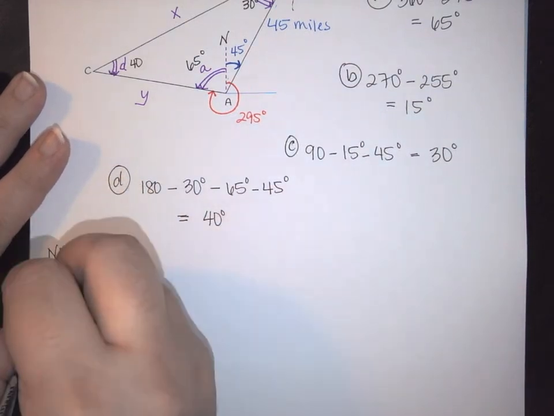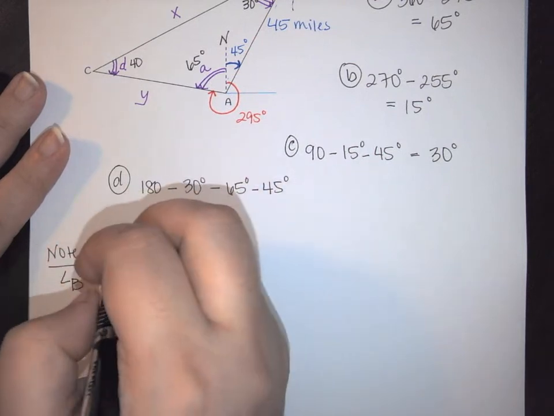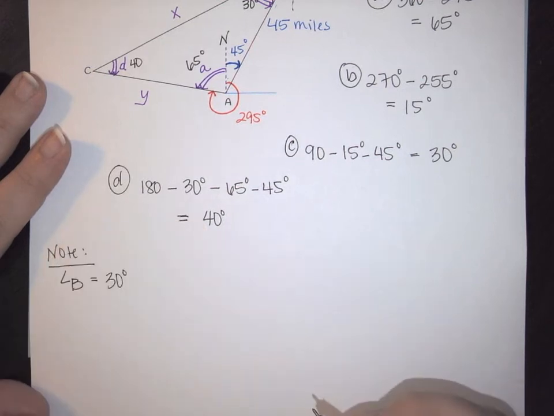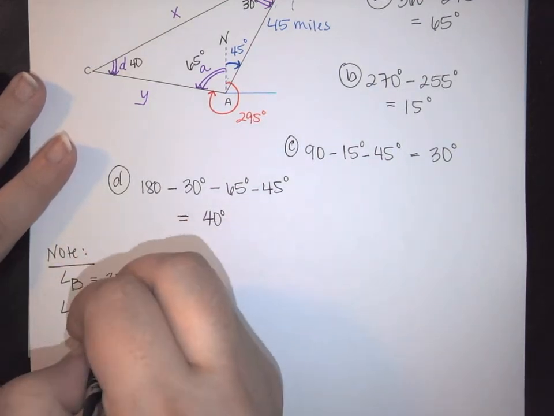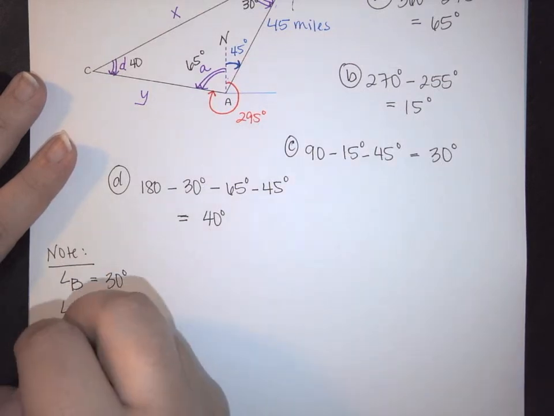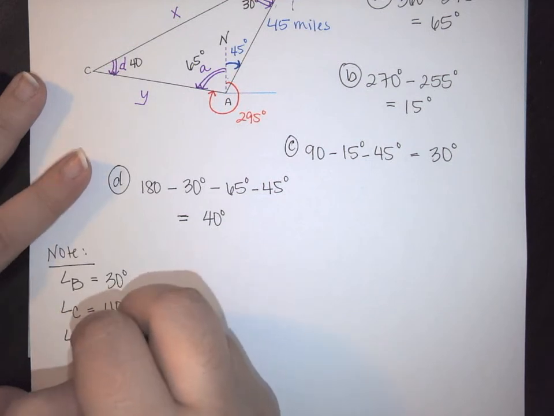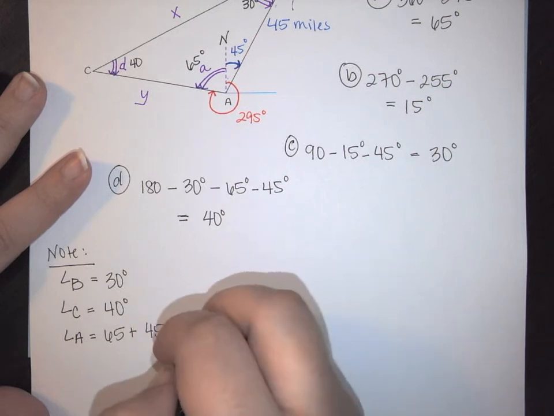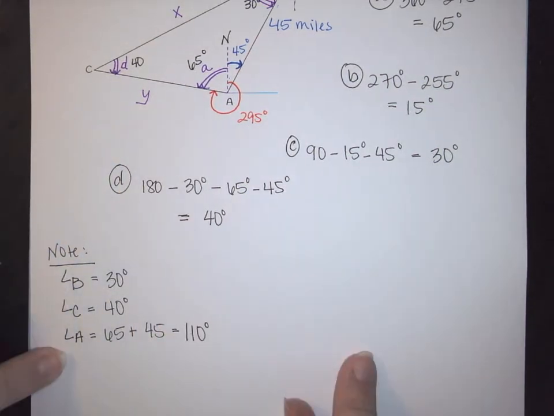I know that angle B is going to be my 30 degrees. I also know that angle C is going to be the 40 degrees. And I know my angle A is going to be the 65 plus 45, which is going to be 110 degrees. So I've got my three angles.